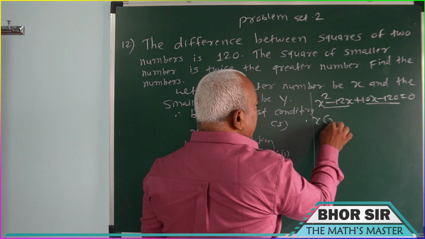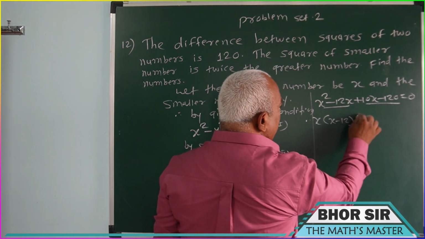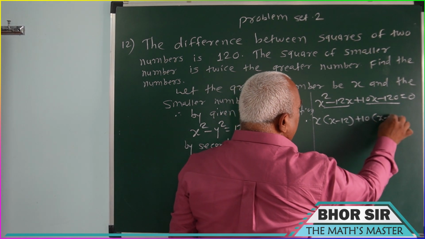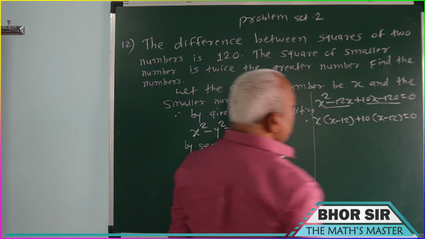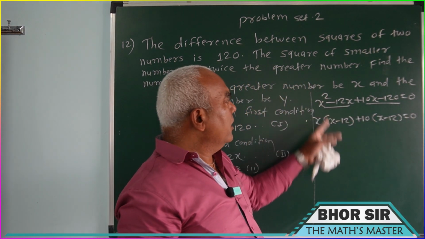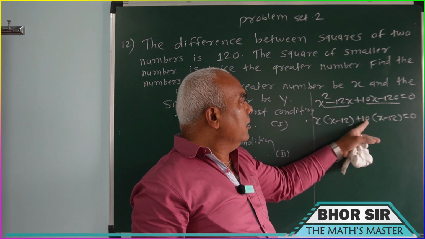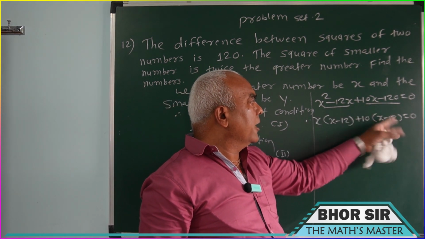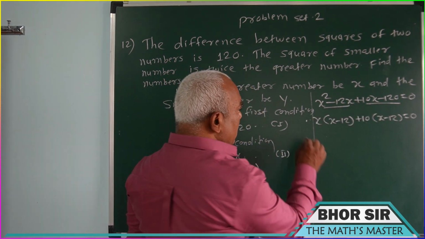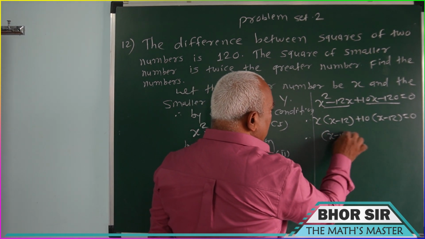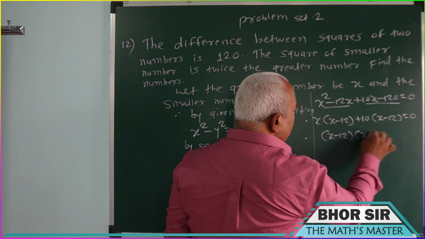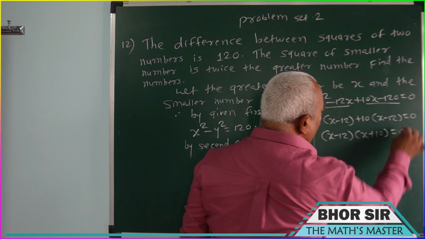x in bracket, x minus 12, plus 10, x minus 12 is equal to 0. Take x common: x minus 12, plus 10 times x minus 12. Write the double bracket only once: x minus 12, x plus 10 equal to 0.